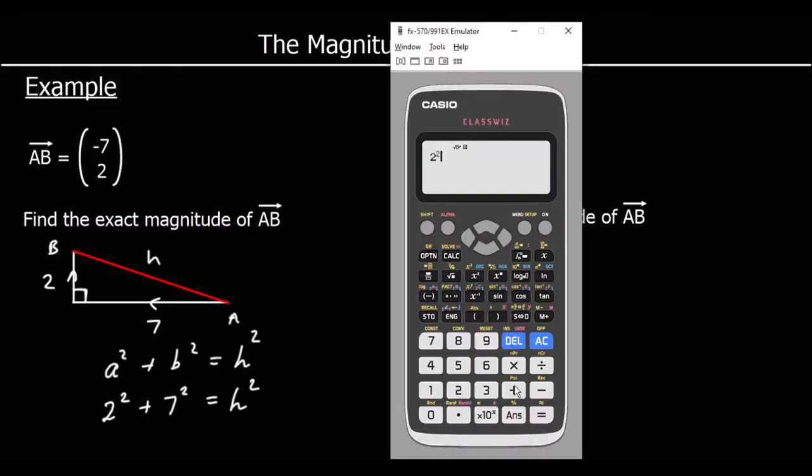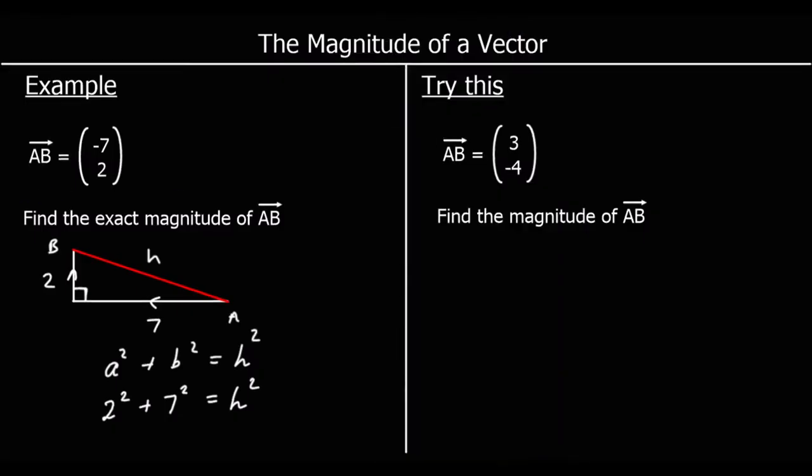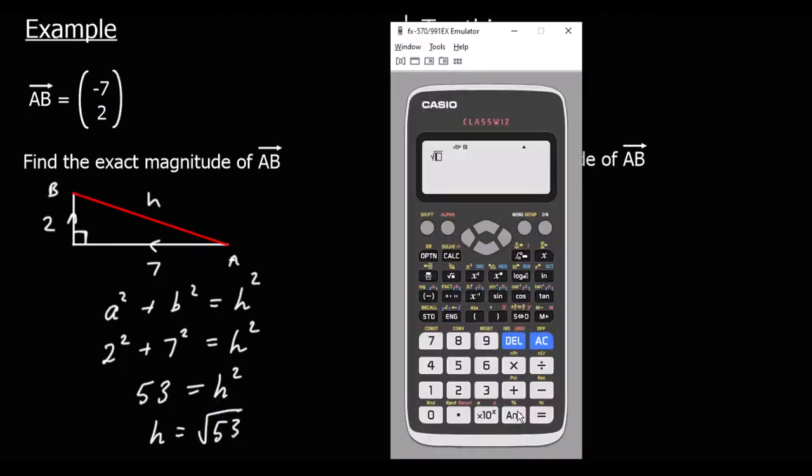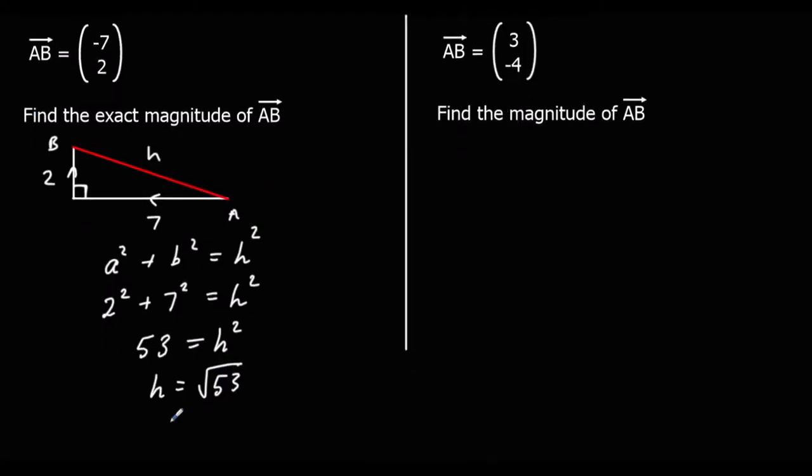So 2 squared plus 7 squared is 53. So we can say h squared is 53. To get h by itself, we square root both sides. So h is the square root of 53, which is just root 53. That's our answer. Root 53 is the exact magnitude of AB.